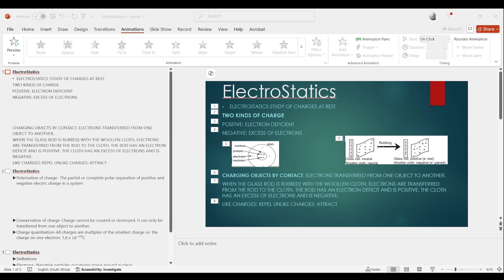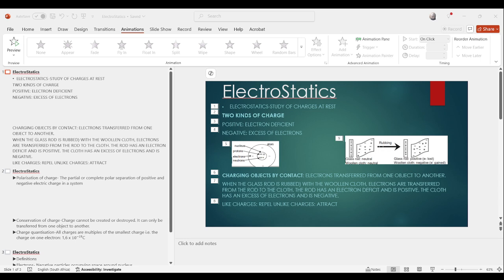So what happens is that if you have two objects, say the one is negatively charged and the other one is positively charged, if you bring them into contact, they will attract each other.